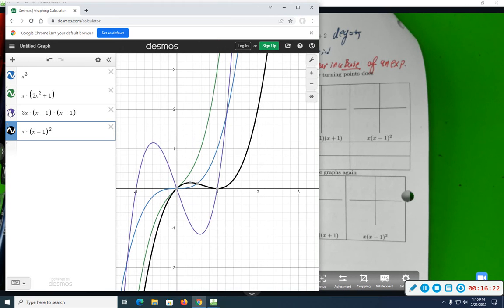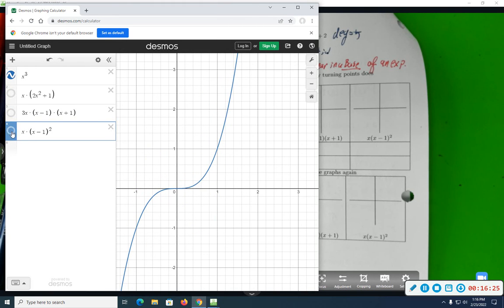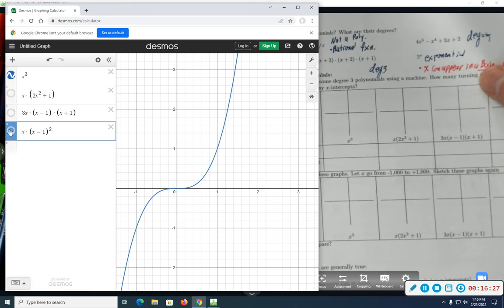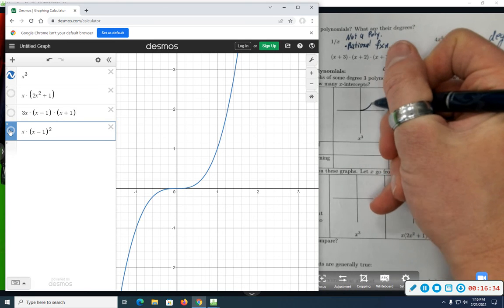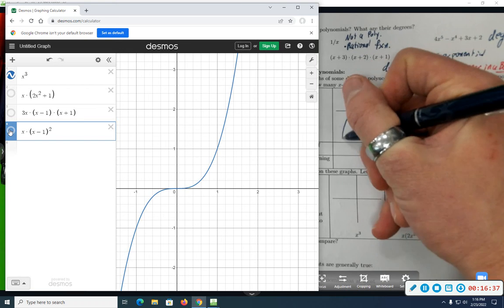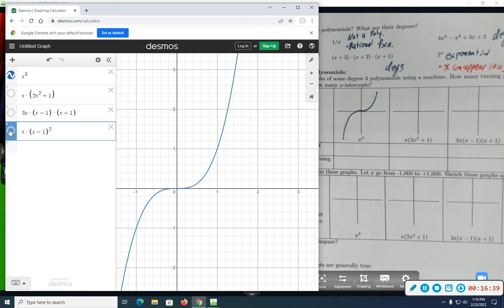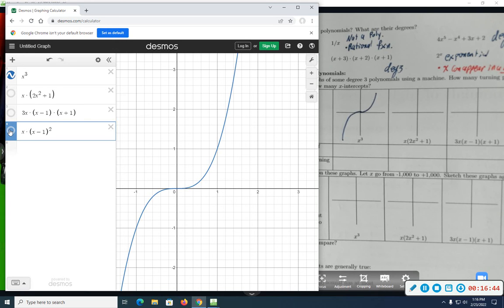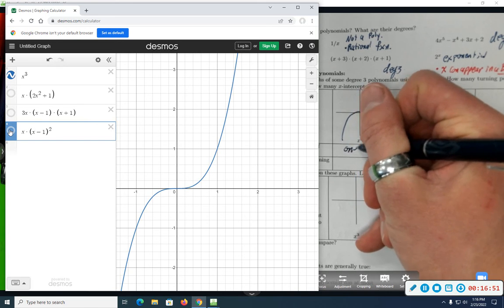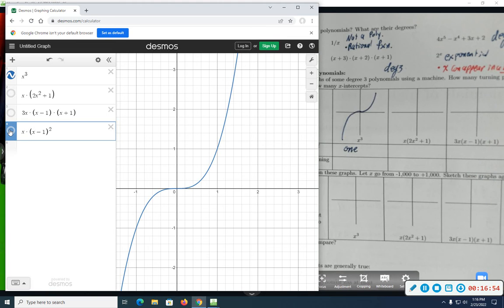All right, so I've got them all pulled up, but I think I want to look at them just one at a time. So there's the first of them. Its graph, well, you know what this graph looked like already, right? This is also a power function. So by looking at that graph, let's count some things. How many x-intercepts does this have? Just the one. How many turning points does it have? How many places are there where it goes from increasing to decreasing or decreasing to increasing?